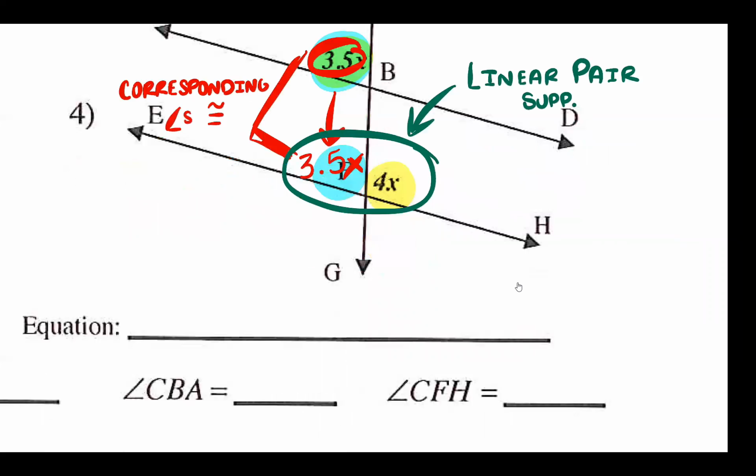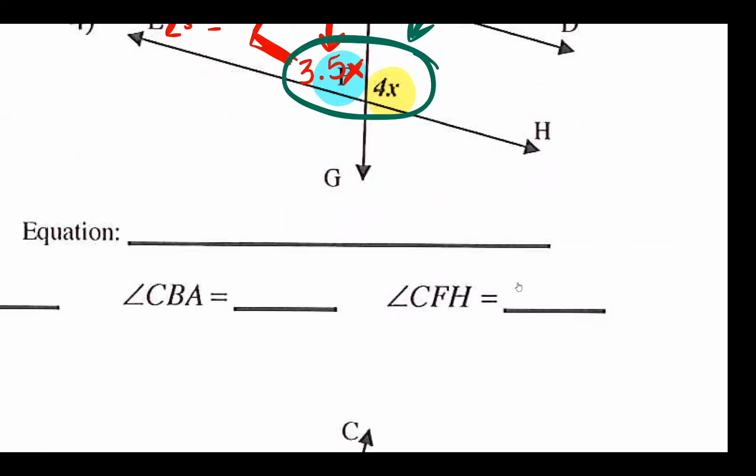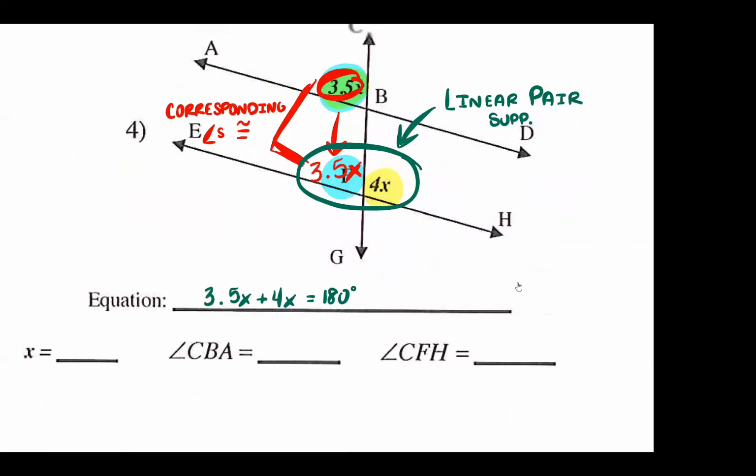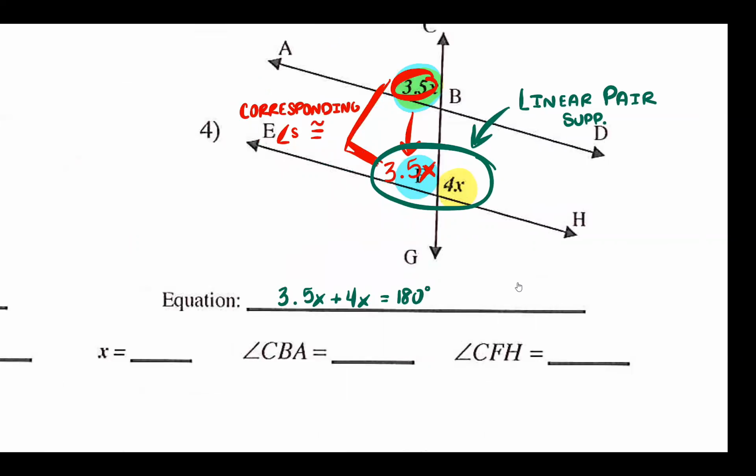So how would I write that as an equation? 3.5x plus 4x equals 180. So at the start of this problem, we did not have a direct relationship between our given angles. But using our rules, we were able to manipulate our figure to get us into a situation where we could solve for it.